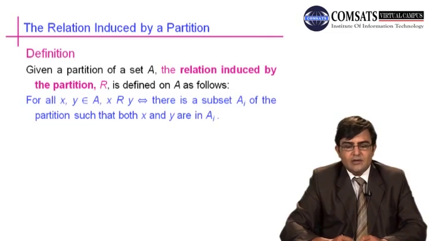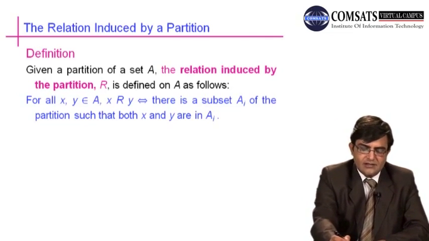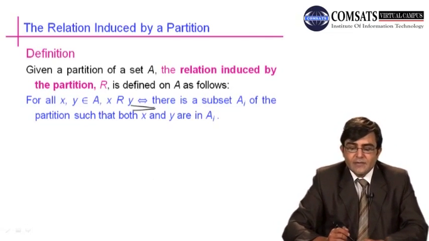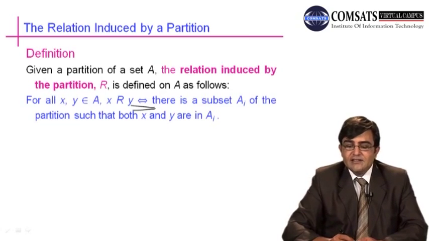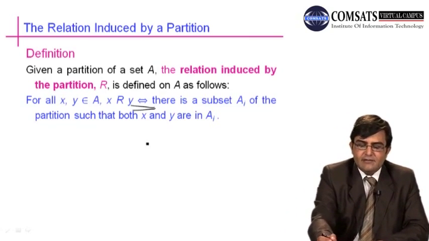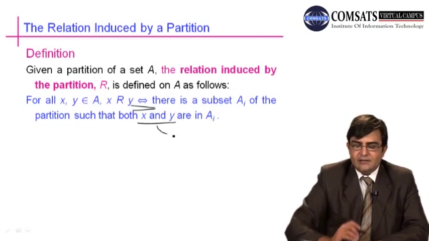For all x, y belongs to A, x is related to y if and only if there is a subset Ai of A which belongs to that partition, such that both x and y are in Ai.